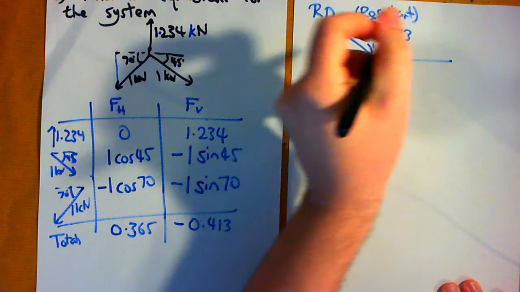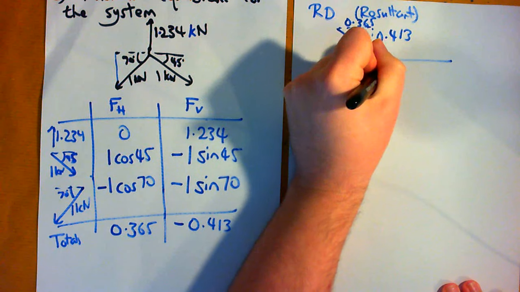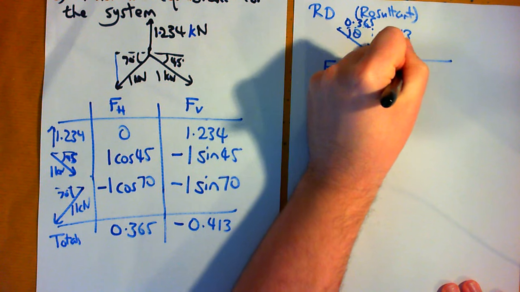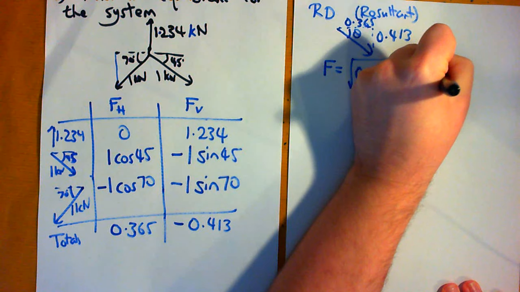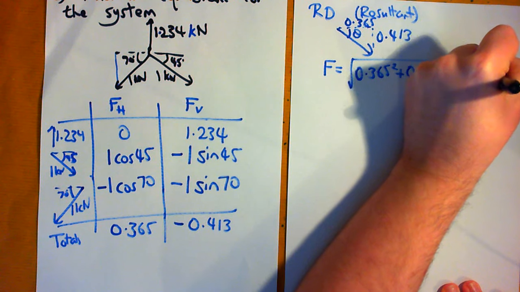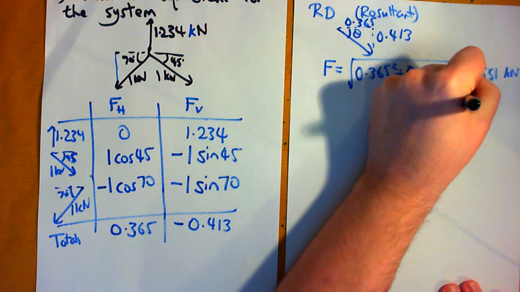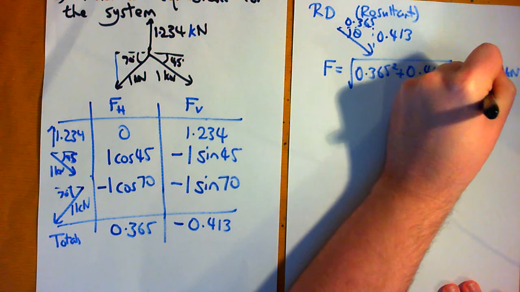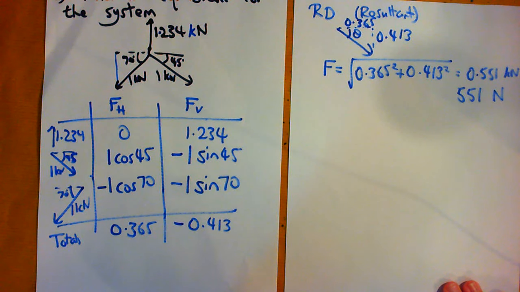That's going to be square root of 0.365 squared plus 0.413 squared, and if we calculate that we get 0.551 kilonewtons, or 551 newtons.